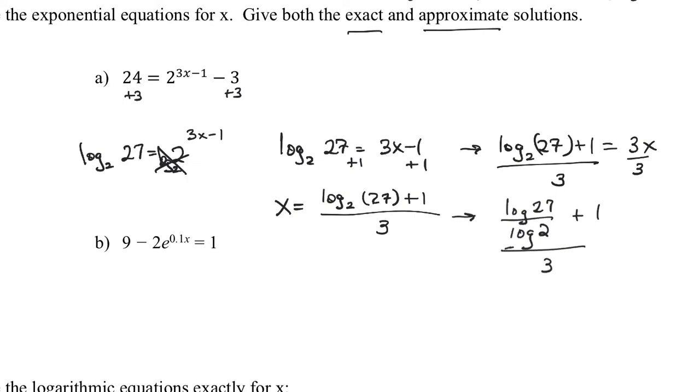And this calculation here can be done on a calculator because these are now just common log. So on a calculator, you would type log 27, then divide that by log 2, then add 1, then divide by 3, and you'd get 1.92 as an approximate value for x.